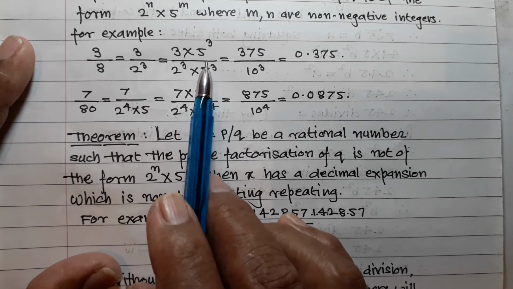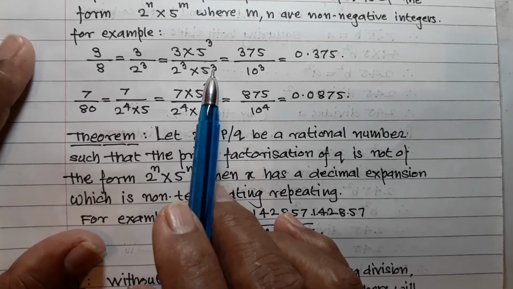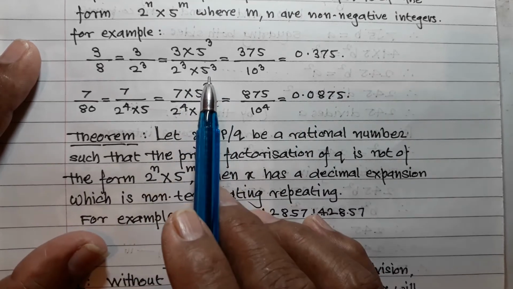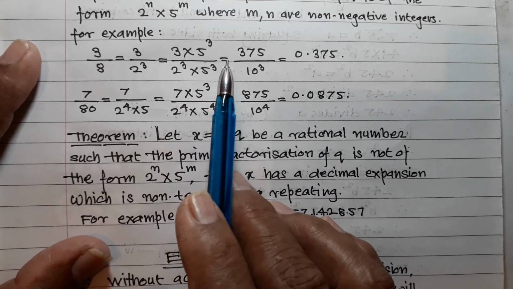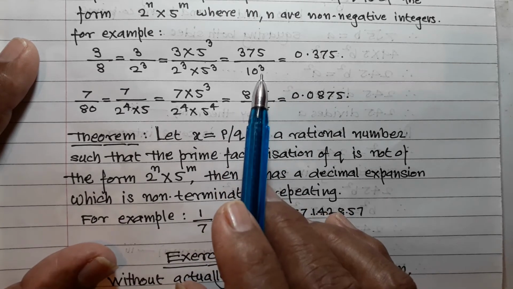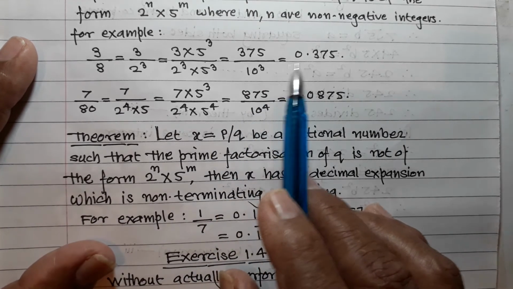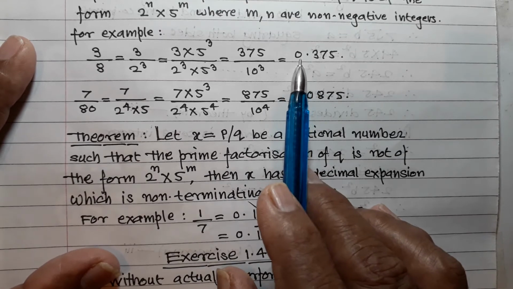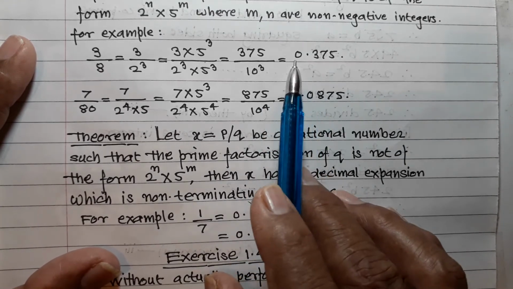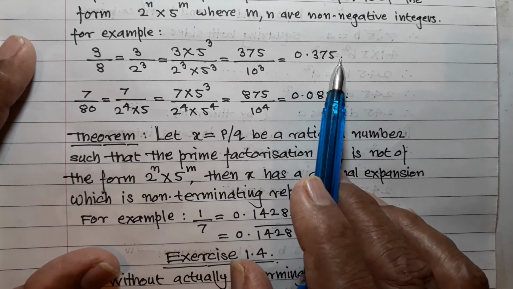I divide and multiply by 5 raised to 3 to find the decimal expansion, and it is equal to 375 upon 10 raised to 3, which is equal to 0.375, and this expression is terminating.